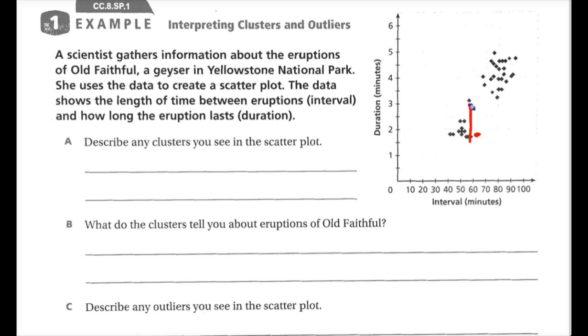This guy was a 55-minute in-betweener and he lasted more than 3 minutes. So it's an outlier because any other time there was 55-ish minutes in between, the eruption was much, much shorter. So that's an outlier because it doesn't follow the pattern of the other 55-minute interval eruptions.